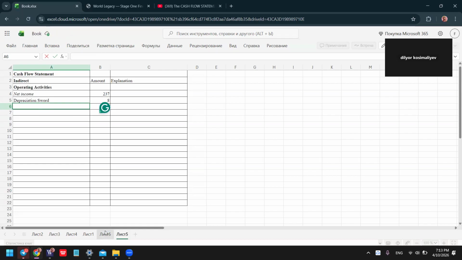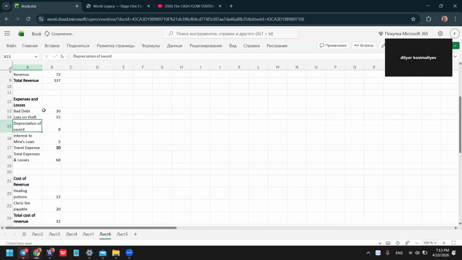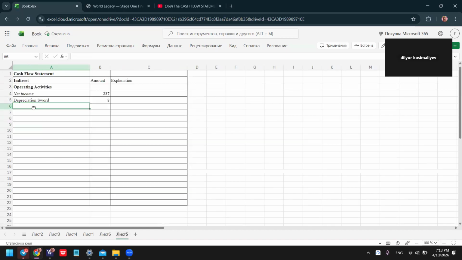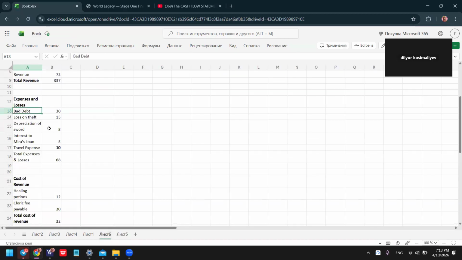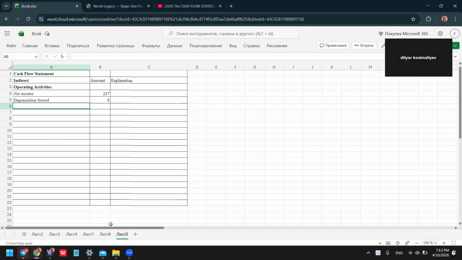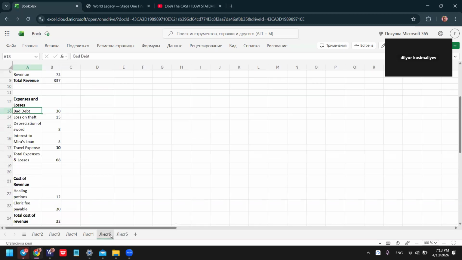Then the second thing here is our bad debt. It was also deducted because Atia earned the bounty, but she didn't receive it. That's why it was deducted from the profit, as a kind of expense.